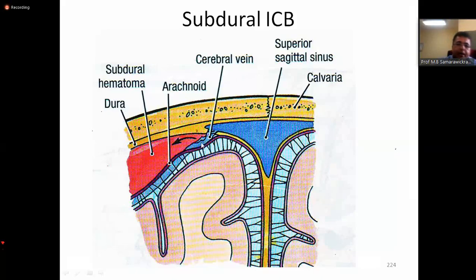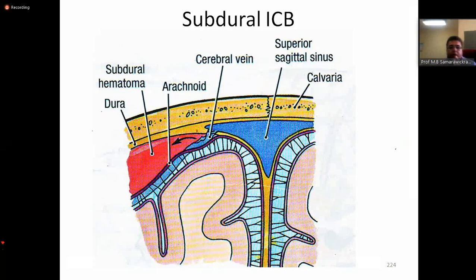These veins enter the superior sagittal sinus, and when they do, they have to pass through the subdural space. The subdural space is a potential space, right? So subdural hemorrhages can occur even without fracture of the skull. This is due to vigorous shaking of the brain. The delicate veins can get ruptured.